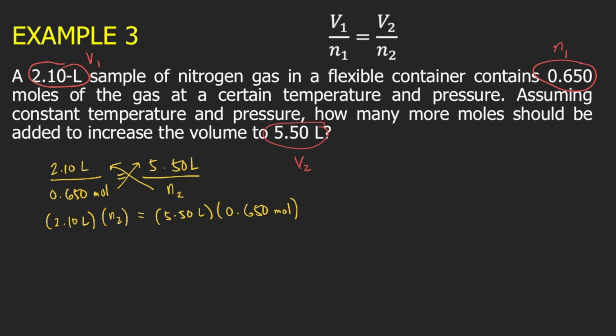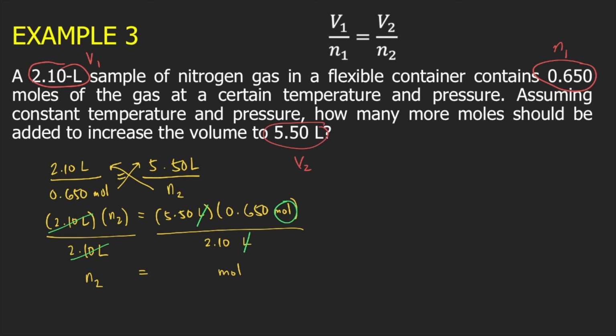To solve for N2, divide both sides of the equation by 2.10 liters. So 2.10 liters cancels on the left side, so what is left on the left side is N2. And on the right side, liters will cancel, and what is left is moles.